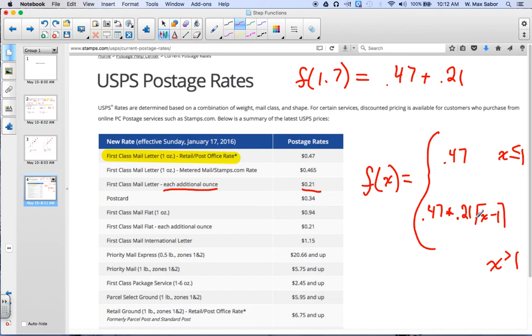As soon as we go to like 8.2, well, we're going to be charged this one, and then there's 7.2 extra ounces besides the first one. So then we take 0.47 plus 0.21 times the ceiling of 7.2. 7.2 rounds up to 8, which is why we do 8 times the 21 cents.